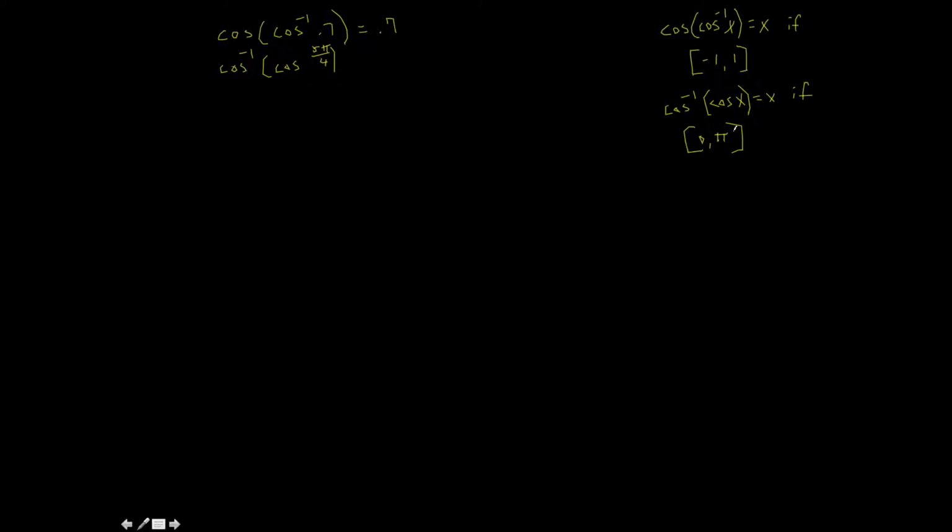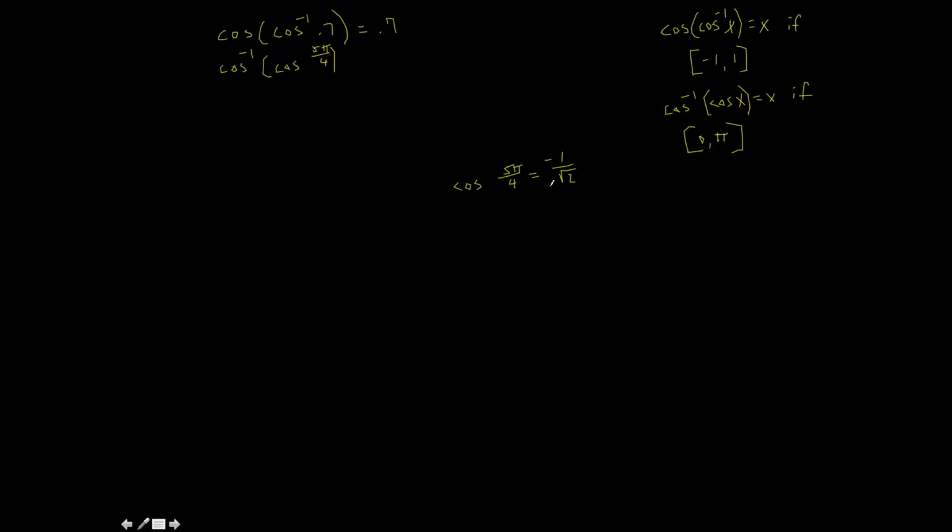So if you look at this right off, 5 pi over 4 is not between 0 and pi. So what does the cosine of 5 pi over 4 equal? Think about that a second. The cosine of 5 pi over 4 equals negative 1 over the square root of 2.